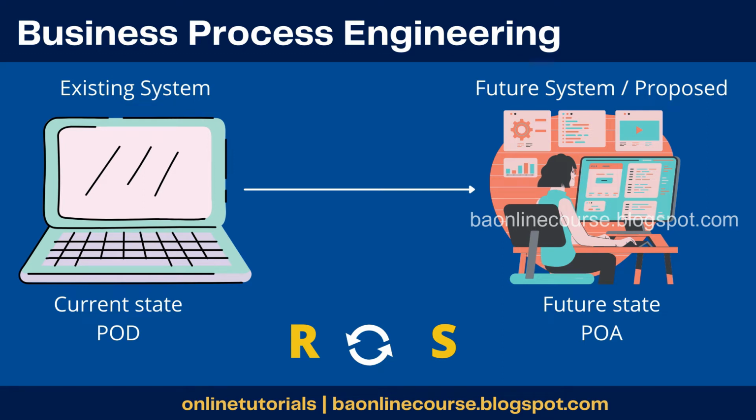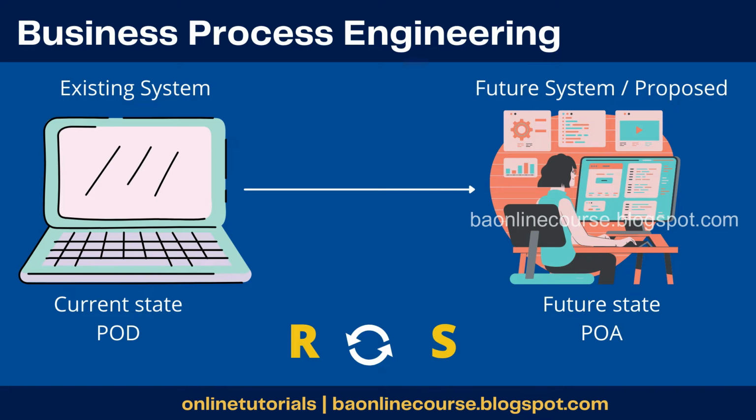So what it means is basically there is a way in which you are working currently, right? And this is the way the system currently works, right? And there are some issues with this system which you want to resolve and make it better, and which is your to be state, right? Now this overall process is called business process reengineering. Okay, so they'll figure out what we can improve at each of these set processes, right?